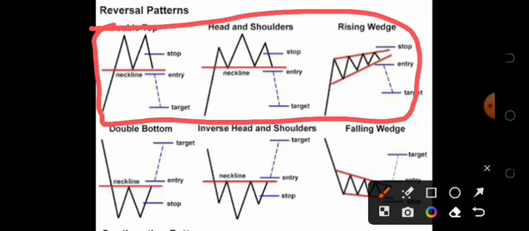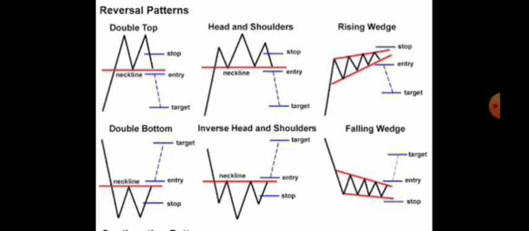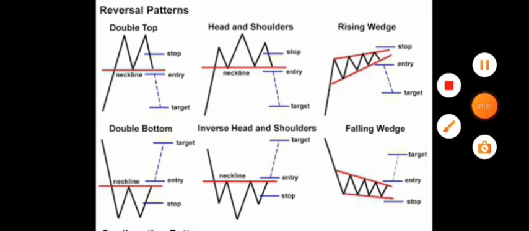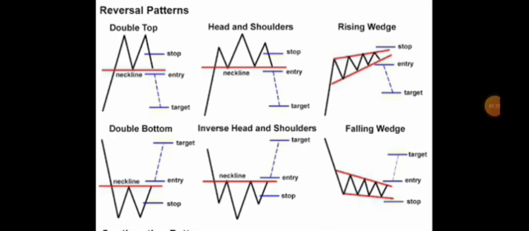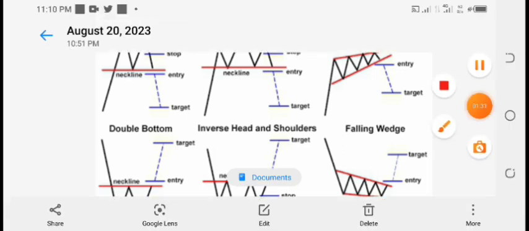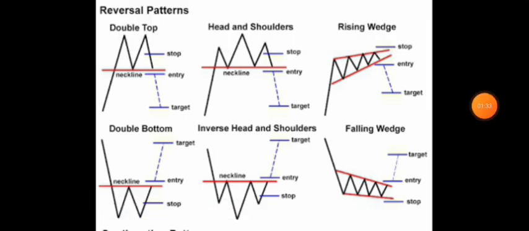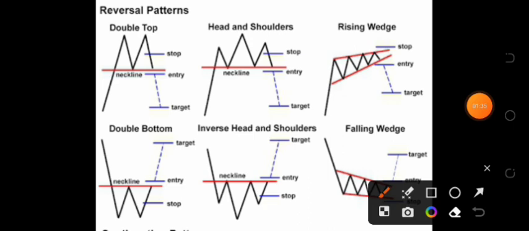Pattern number one is the double top. Whenever the current price is bullish and you see it form a double top, you will just plot your trend line like this, and put your stop loss and your target. And also whenever you see a head and shoulders in the upward direction, it indicates that the price will drop downward, and I show you how to trade it.